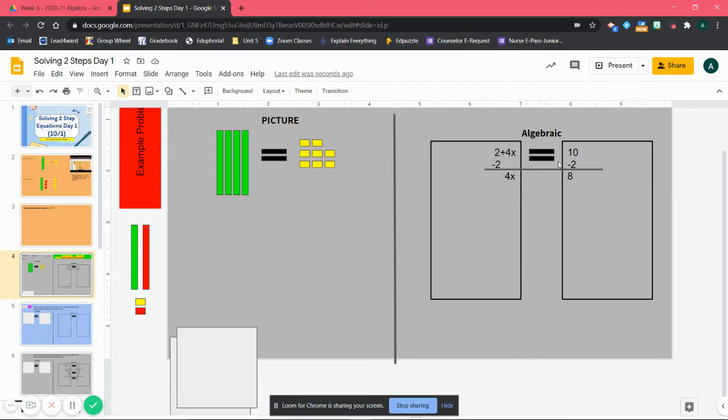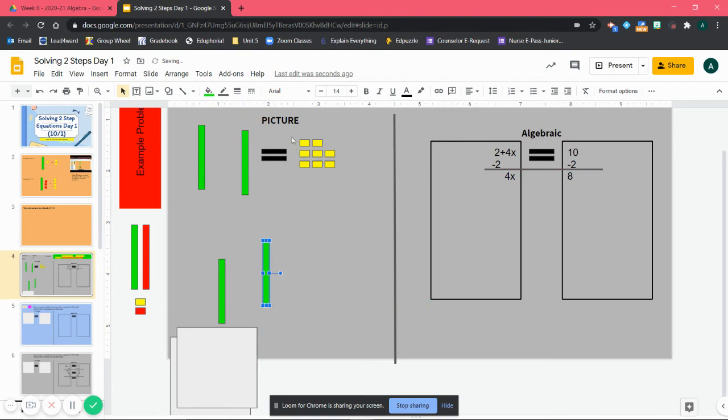Well, if I have $8 left and I bought 4 candy bars, I basically have to separate each candy bar. And then I'm going to separate all of these tiles into equal groups. So if I have a candy bar here, candy bar there, candy bar here, I'm going to separate by putting the same and equal amount of ones into each candy bar group.